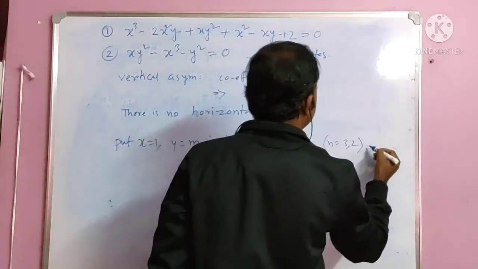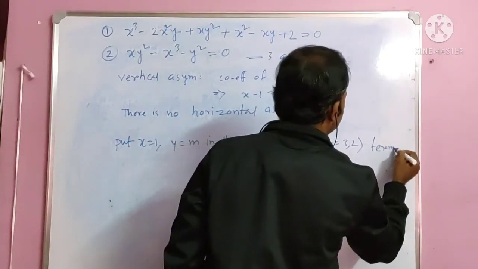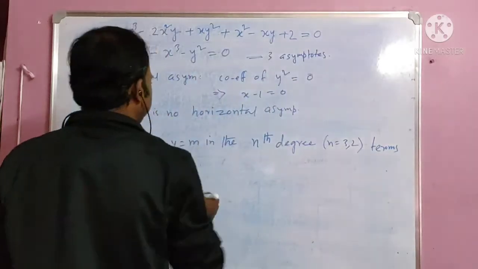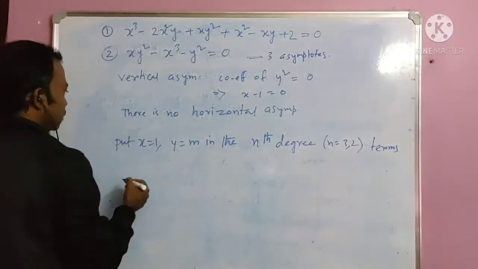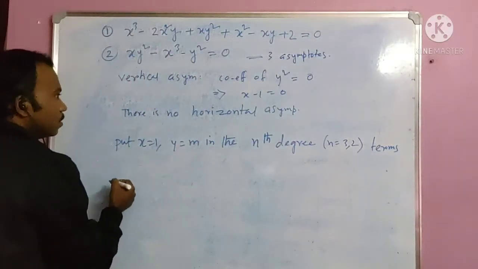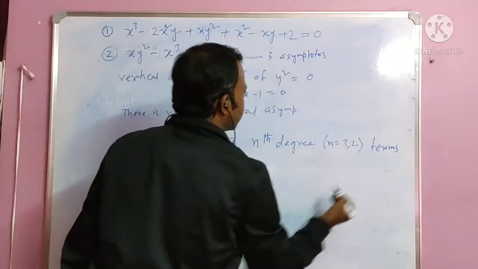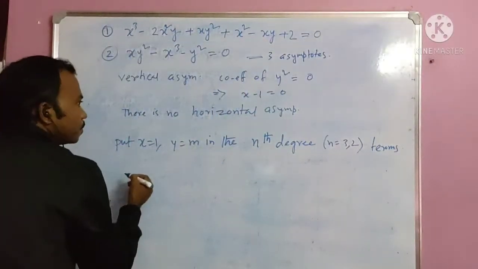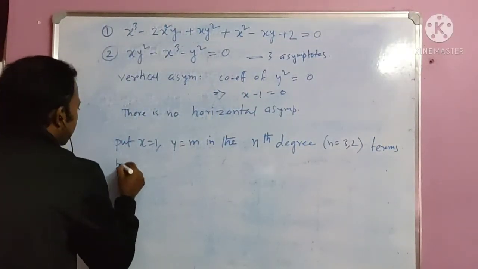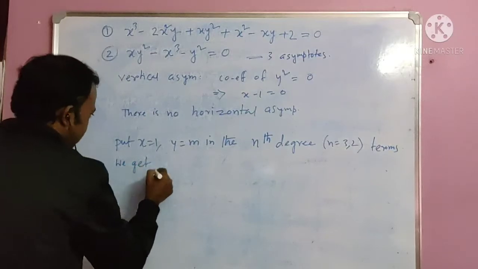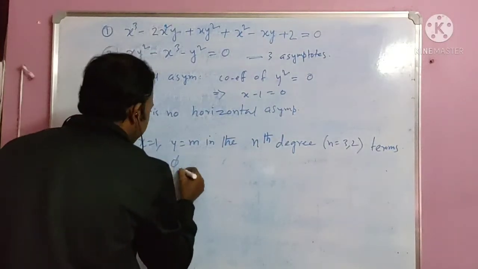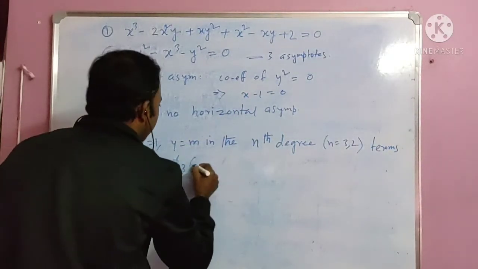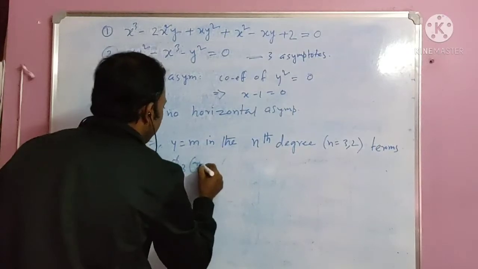In the nth degree terms we get, what we get, phi 3m.